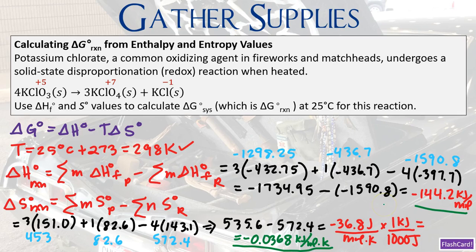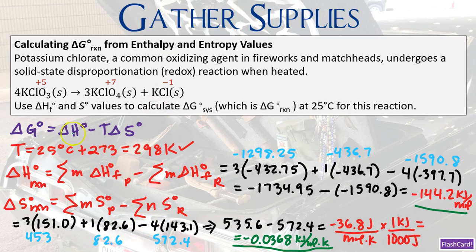Now I'm going to solve for delta S naught of the reaction. Again, it's the sum of my products minus the sum of my reactants. So I'm going to have 3 times my S naught value for KClO4, which is 151.0. When I multiply this together, I get 453. I'm going to add that to 1 times my KCl S naught value, which is 82.6, and I simply get 82.6.